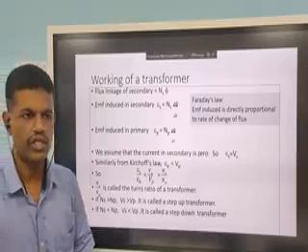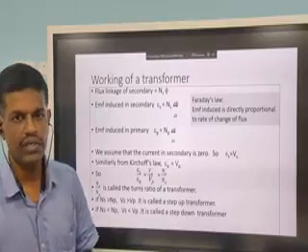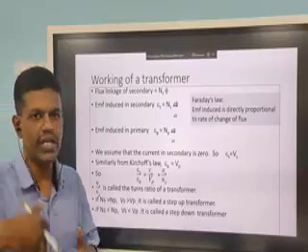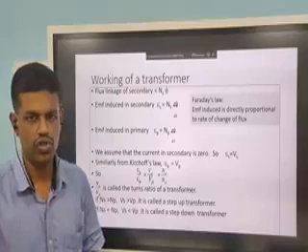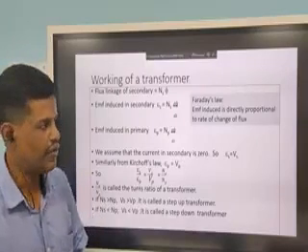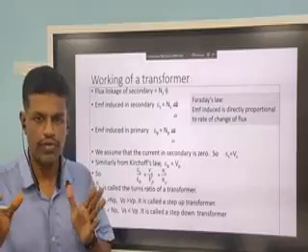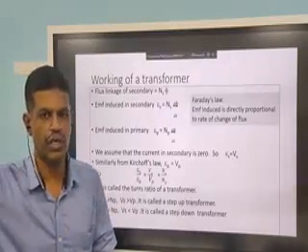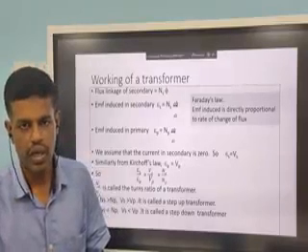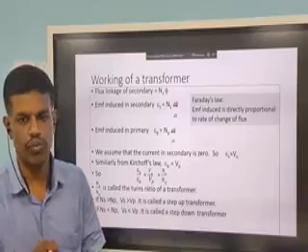At the power station, we use a step up transformer. We increase the voltage many times and it is sent through the transmission lines, so that even after traveling thousands of kilometers, even after dropping a lot of voltage, we get sufficient voltage at the destination. Now at the destination we use a step down transformer.